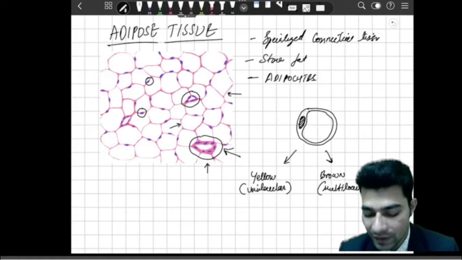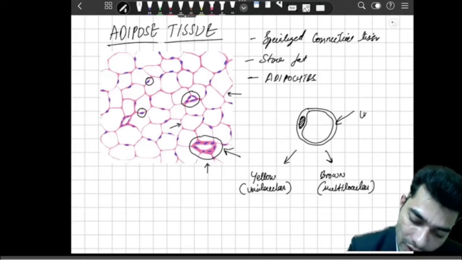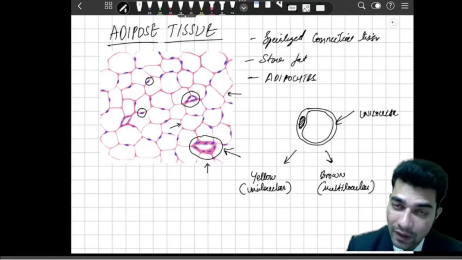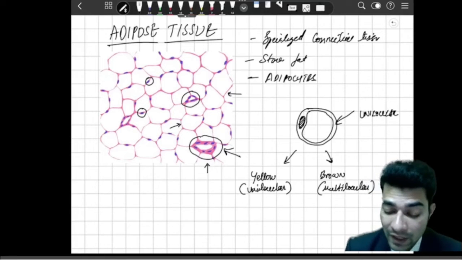The name itself says it. Unilocular means a single fat locule in the cell, whereas brown fat is multilocular.